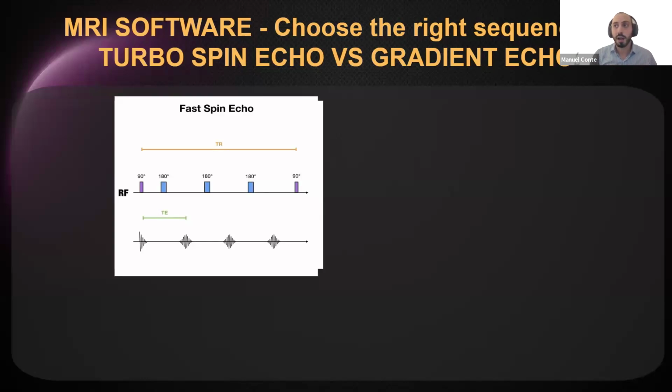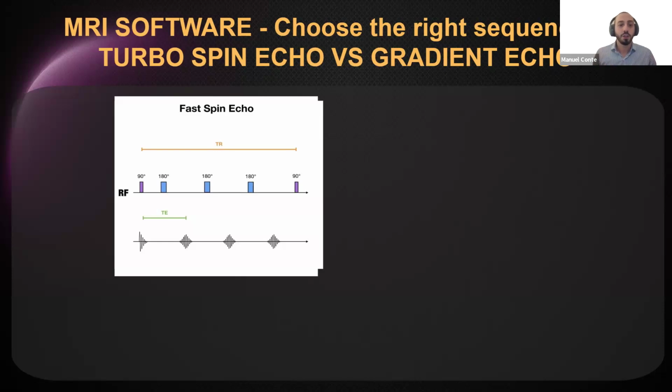During my clinical practice, I heard many people say that increasing the turbo factor reduces the metal artifact. In reality, no. Just changing the turbo factor per se doesn't change the metal artifact, but the turbo factor can be used to reduce the acquisition time when we use a MARS protocol.